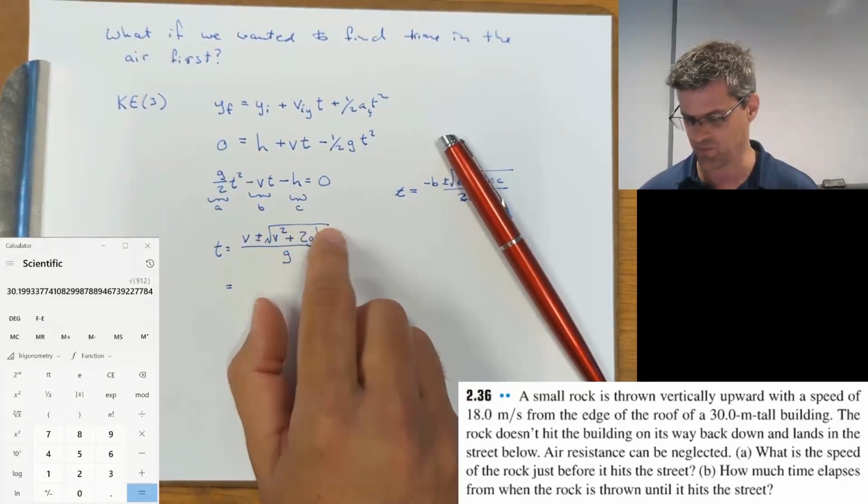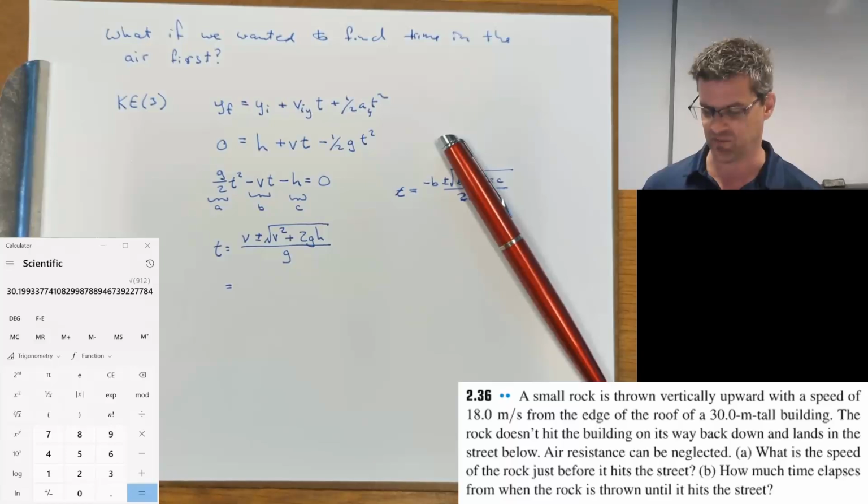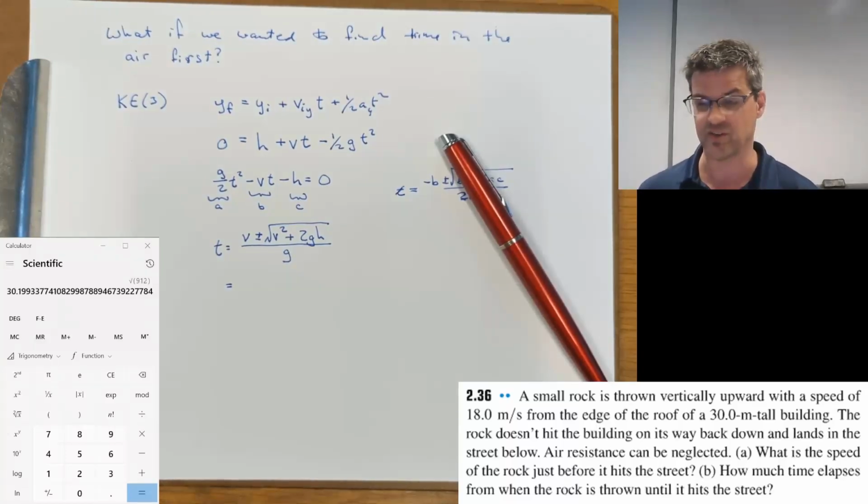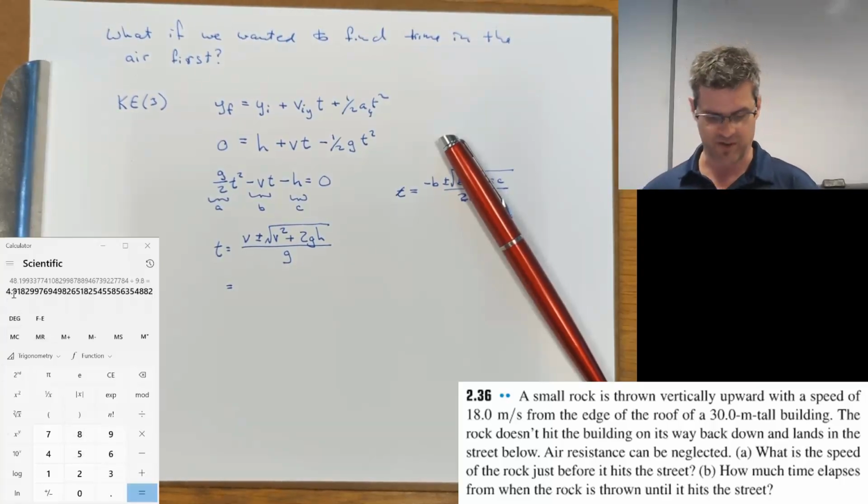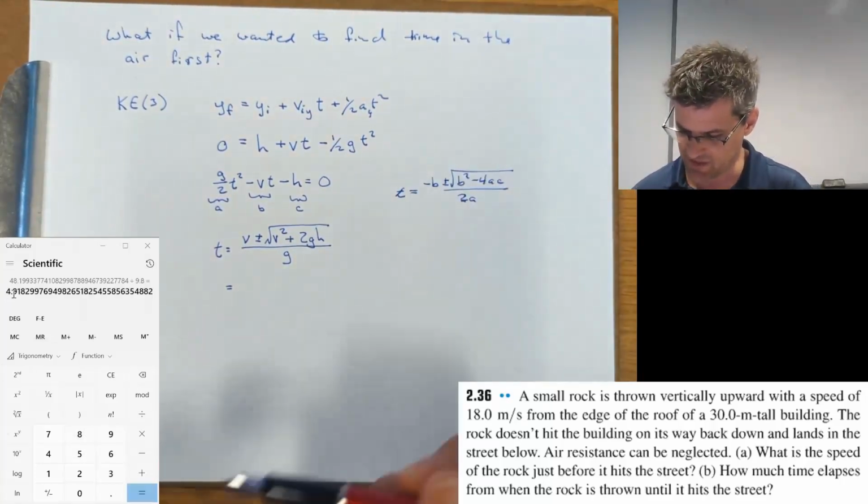So this square root of stuff is 30.2. I'm going to store it in here, because one of these things is positive, plus v initial, which is 18, divided by g. This is the time we saw before, 4.92 seconds.